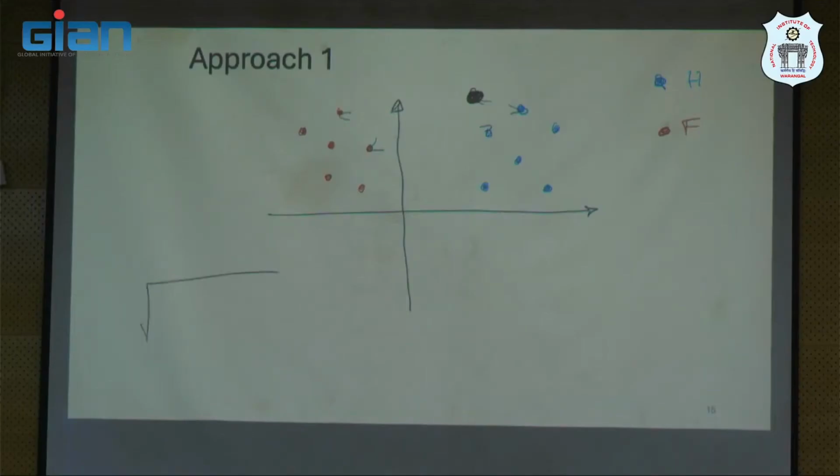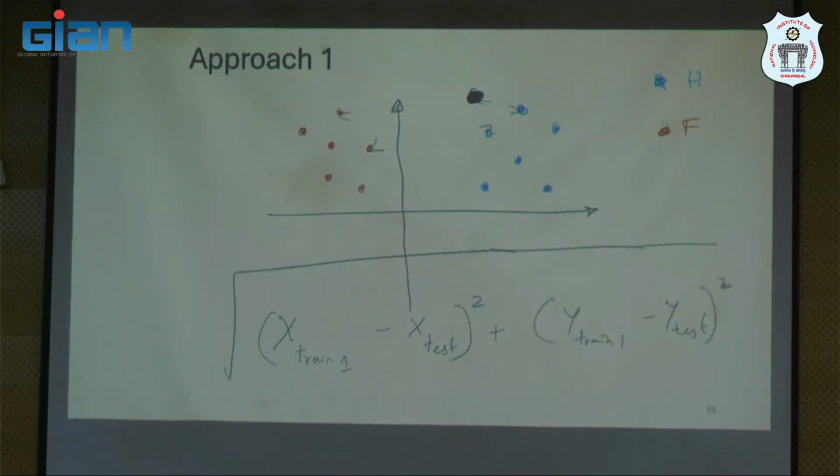Under root, if this is 2-dimensional, let's say each point has x and y, so (x training 1 minus x test) square plus (y training 1 minus y test) square, under root, right? This is the Euclidean distance. It's a very standard equation. You will be able to calculate the distance using this, right?